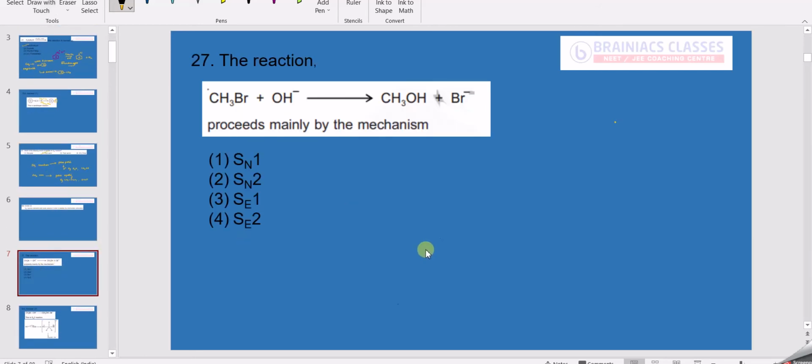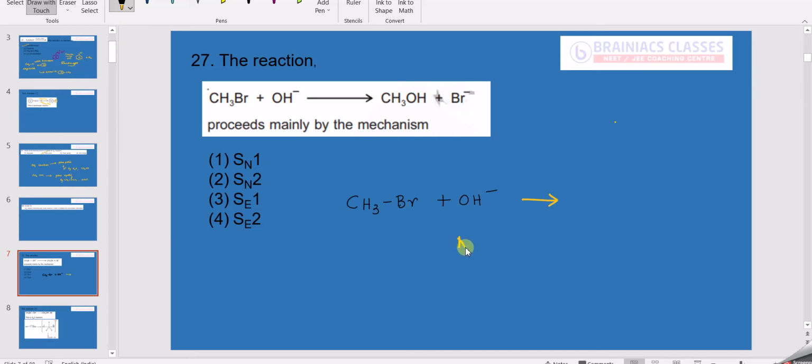Tell me what is the answer for this one. They are given CH3Br, and that is treated with OH minus. So what is the reaction here? You can see two things here.